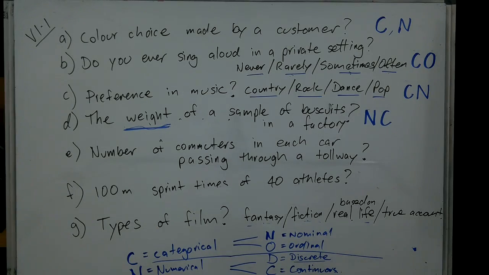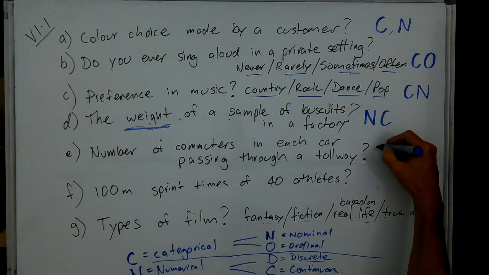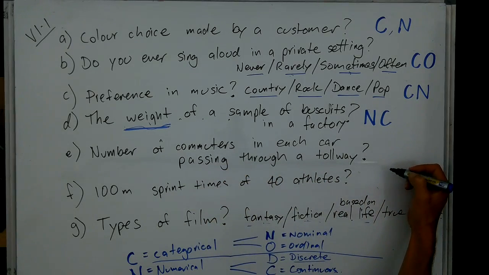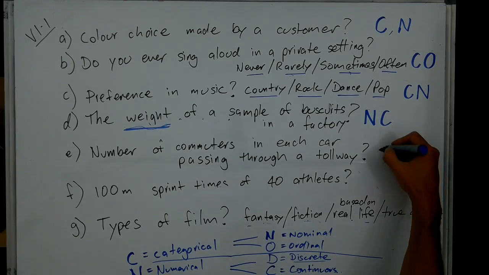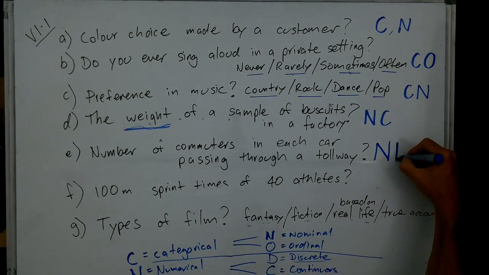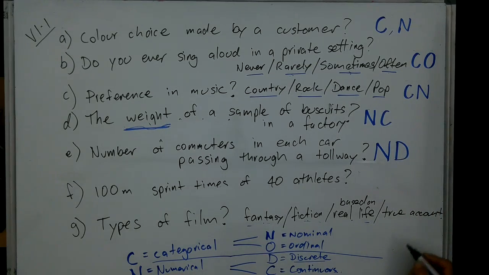But they're never going to count 0.738 of a person. It's just whole numbers of people. And we're not interested in who the people are, we're just counting how many. So that's going to be a number, and because we counted, it's numerical discrete data.